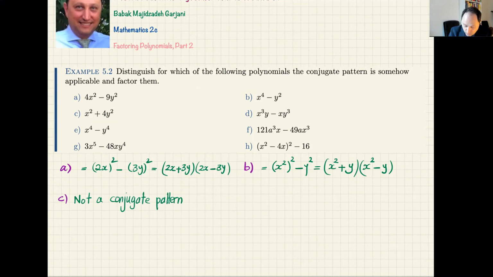Okay, now again, I want to see how many of you can give me the correct answer. What should I do here? Is it in this form a conjugate pattern? Is it or not?